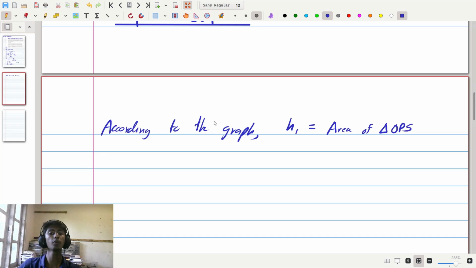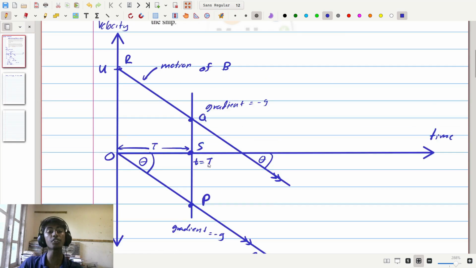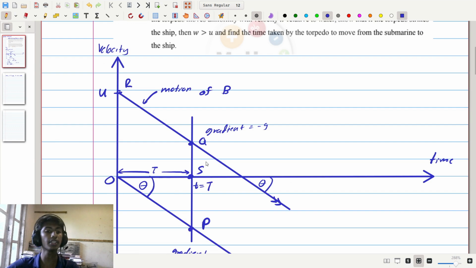Now similarly, if we consider the motion of particle B, we can see the displacement of particle B from its initial position, which was on the ground, is equal to the area inside of this box.